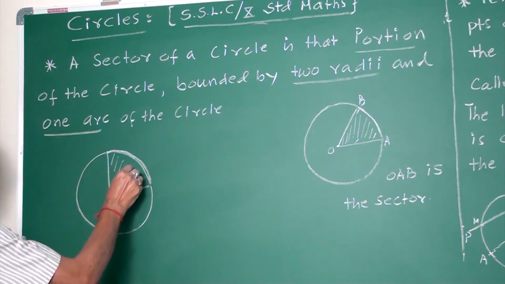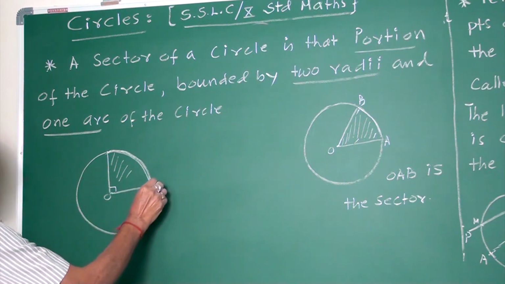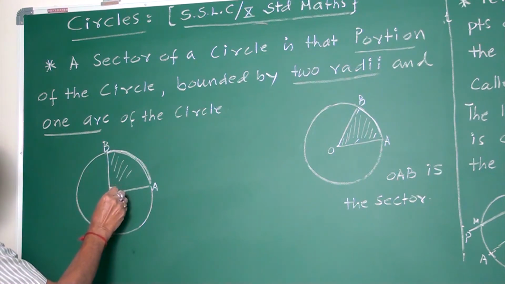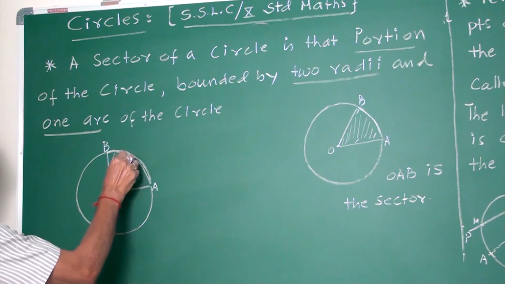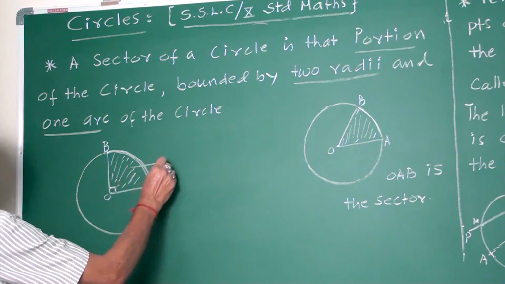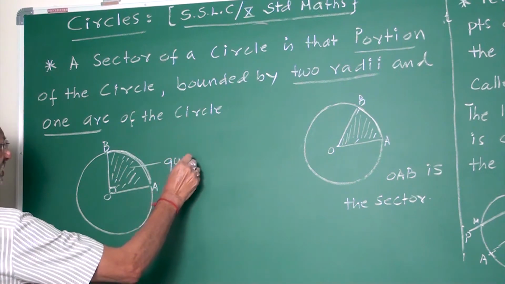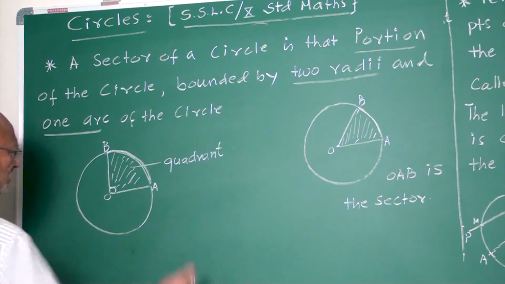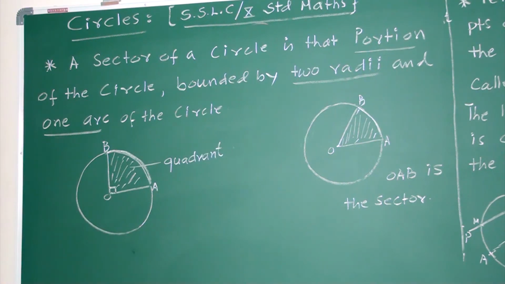It is OAB, where the angle between the radii is 90 degrees. Such a sector is known as a quadrant of the circle. Yes, my friends, what is a quadrant?